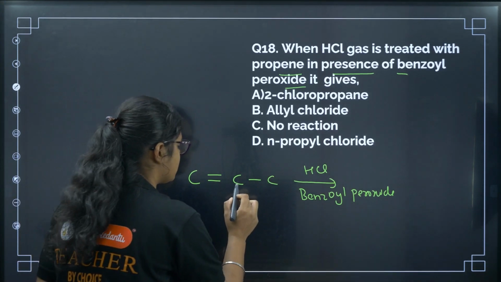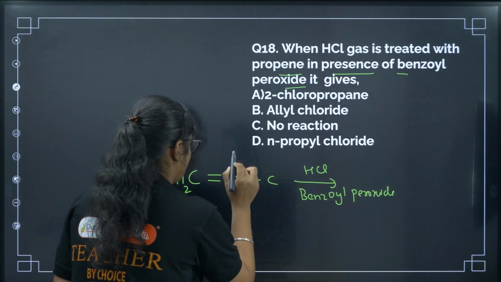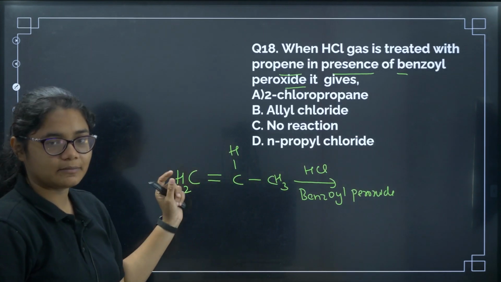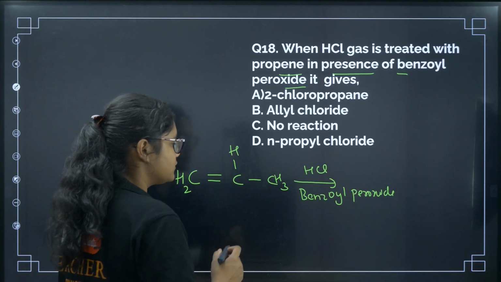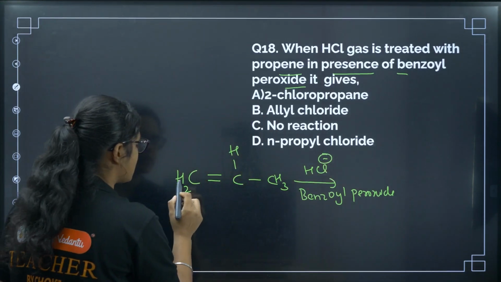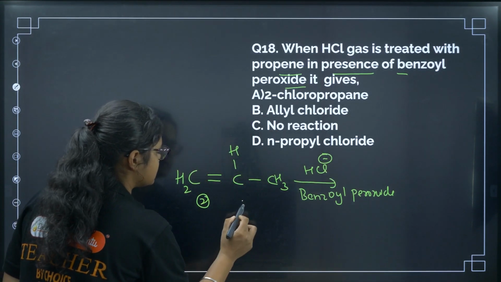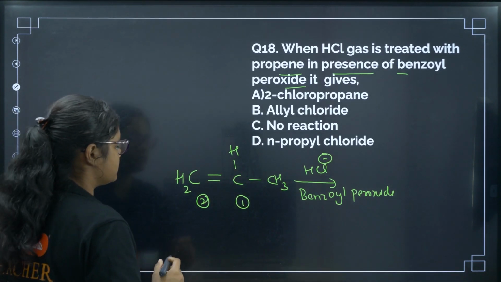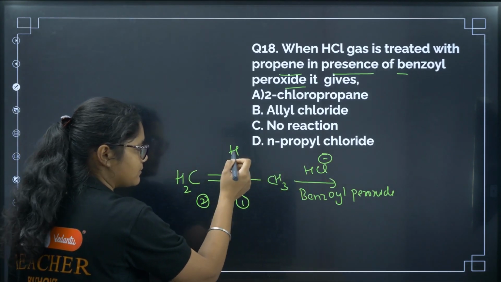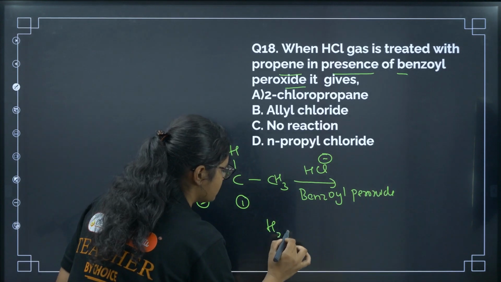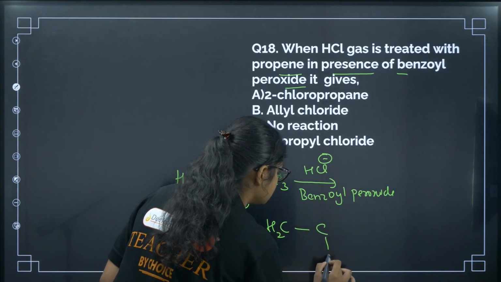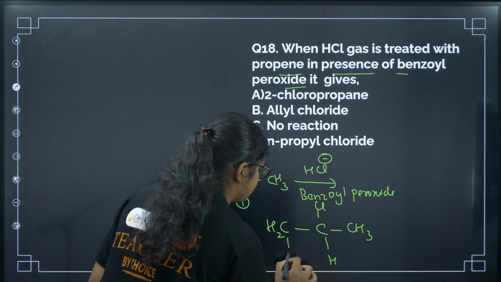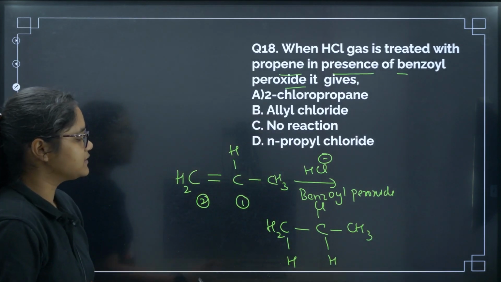So if I add HCl, according to Markovnikov's rule, the negative part will go to the carbon having less number of hydrogens. This carbon is having 2 hydrogens, this carbon is having 1 hydrogen. So we will get CH3, CHCl, CH3.